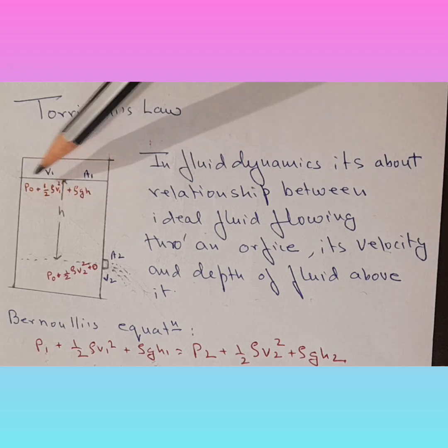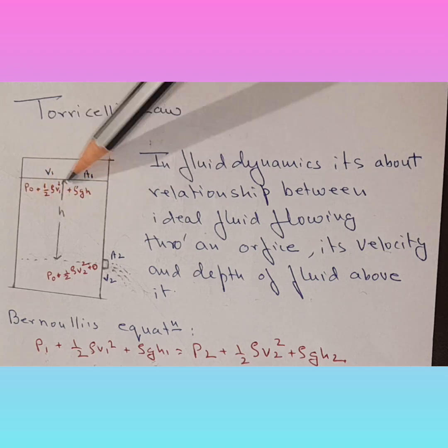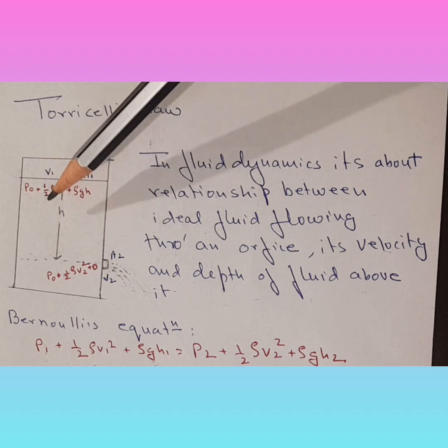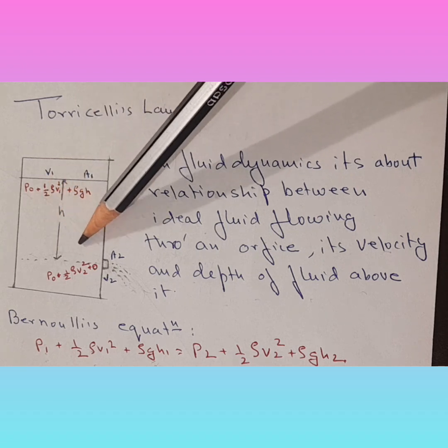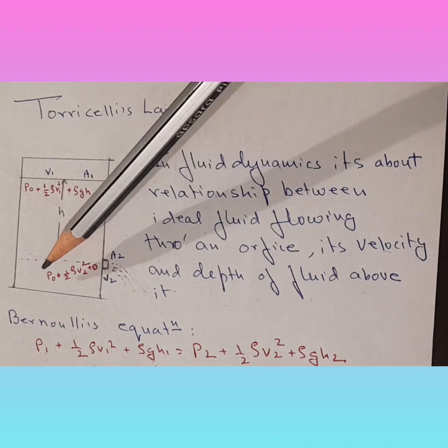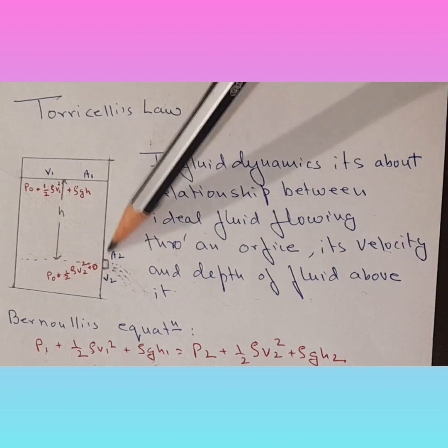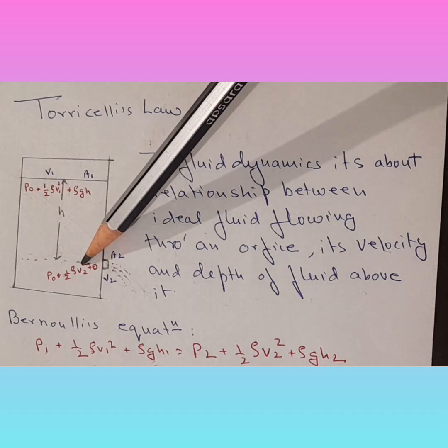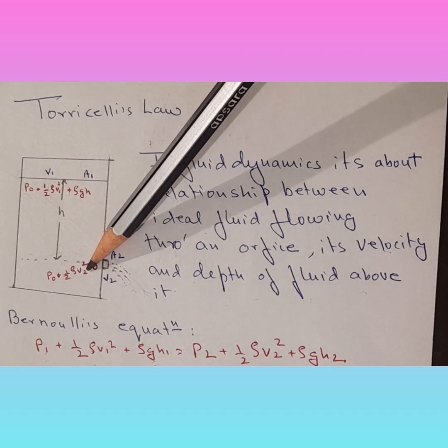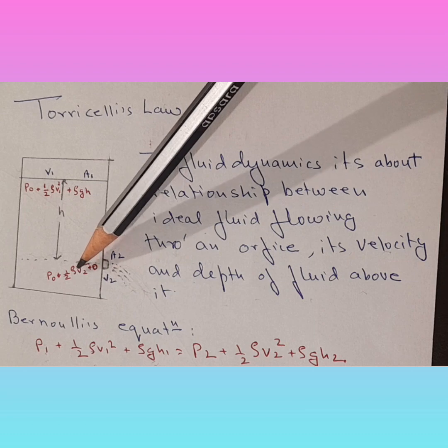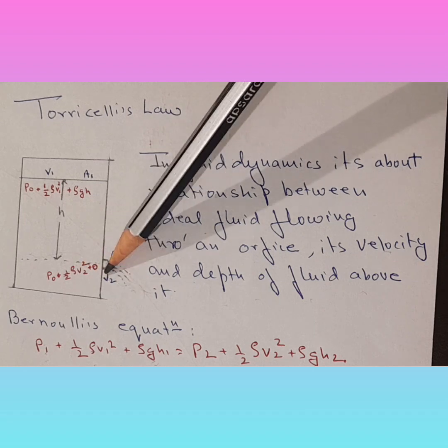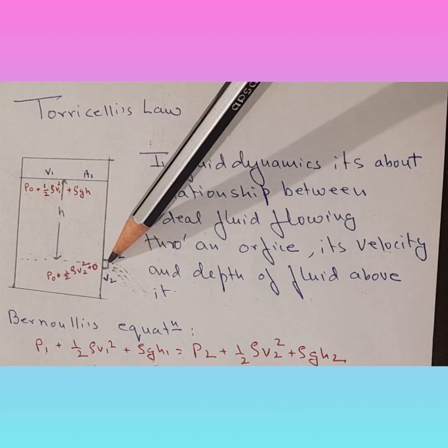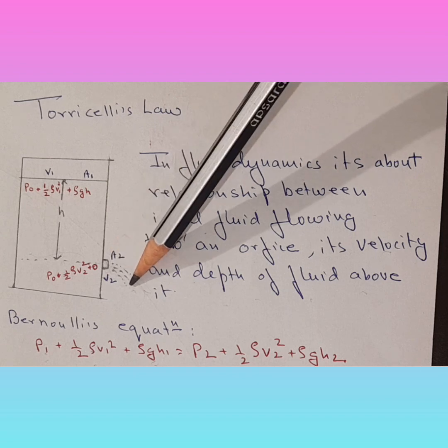So this is the energy acting on the fluid. Now what's the pressure over here? It is P0 because this is also exposed to atmosphere. Half rho v2 square is the kinetic energy, v2 being the velocity of fluid flowing out through the orifice.